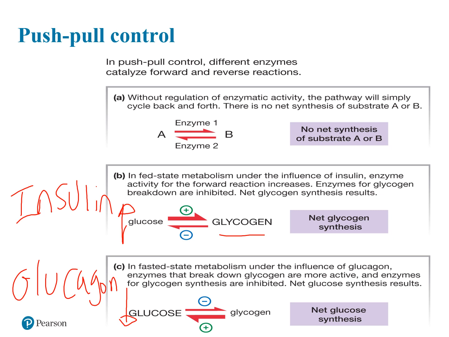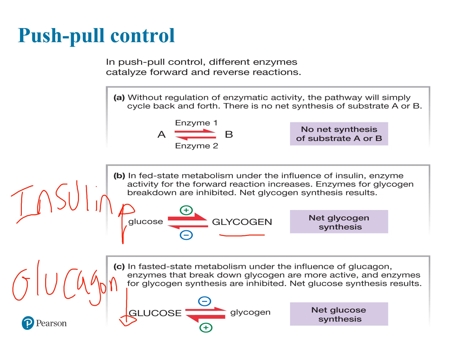Glucagon is going to do the exact opposite of insulin. Glucagon is actually going to access the glycogen that you have stored in your liver and in your skeletal muscles, and it's going to stimulate a bunch of enzymes that will break down the glycogen into glucose so that you can increase the glucose levels in your bloodstream.